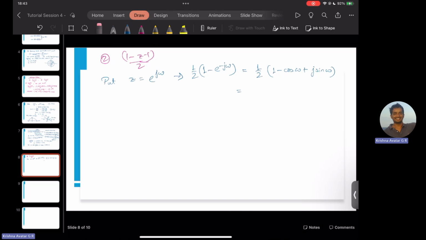And of course we can repeat all those processes, let's repeat it just for the sake of it here. So it will be 2 sine square omega by 2 plus j 2 sine omega by 2 cosine omega by 2.